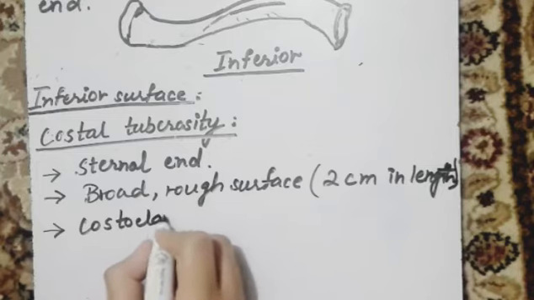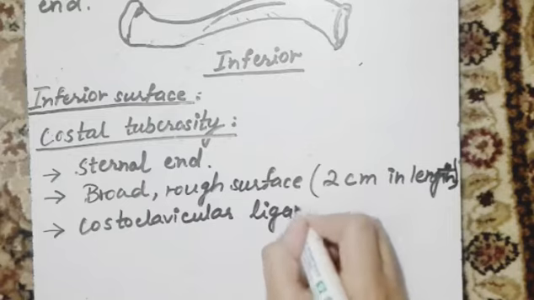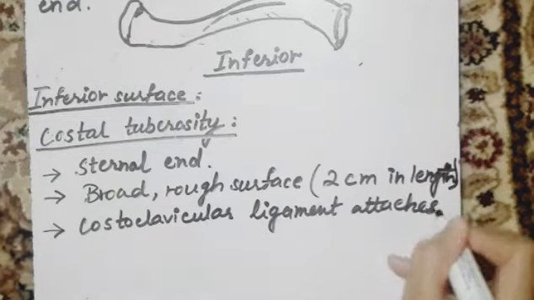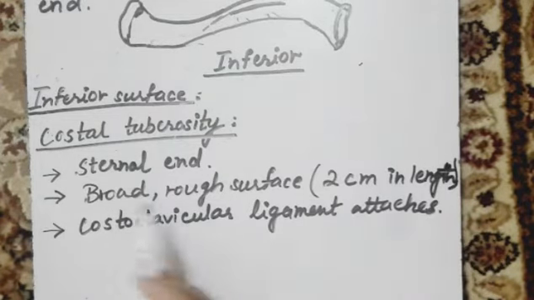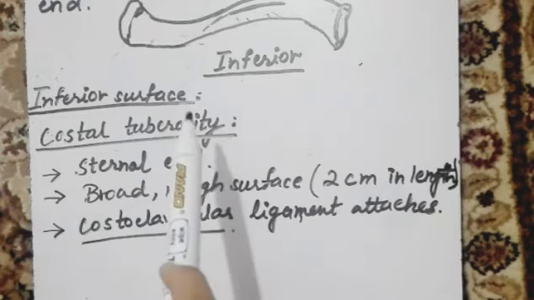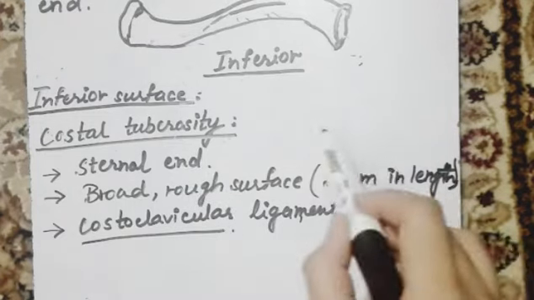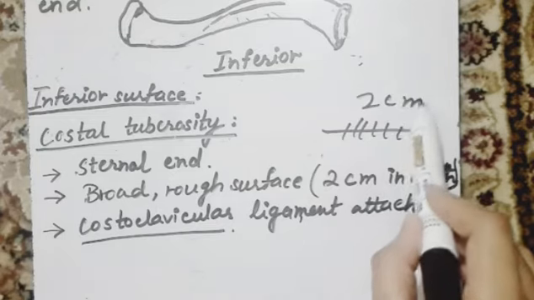It is the site where the costoclavicular ligament attaches. The name shows it: costoclavicular and costal tuberosity. It is rough on the inferior side as we discussed earlier, and broad and 2 centimeters in length.